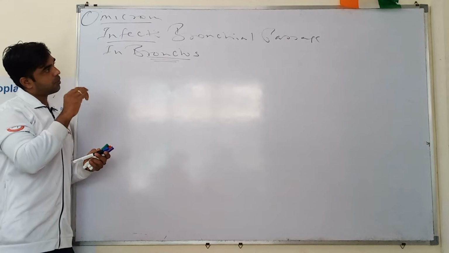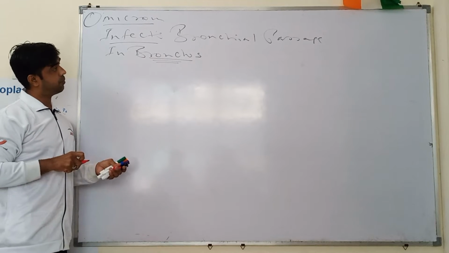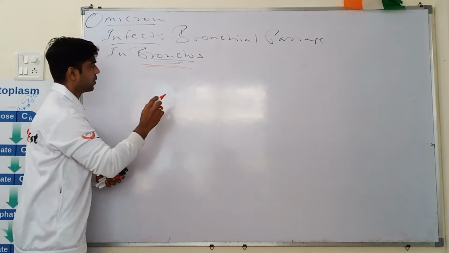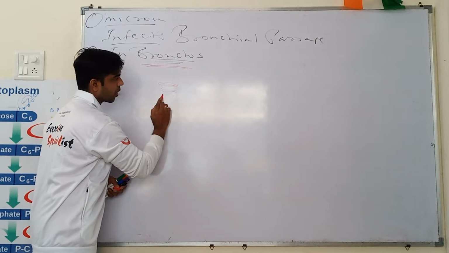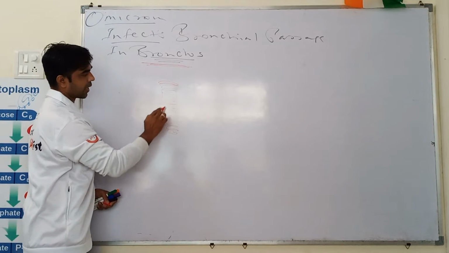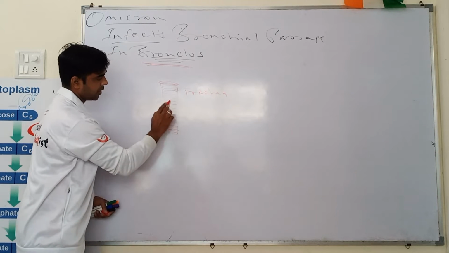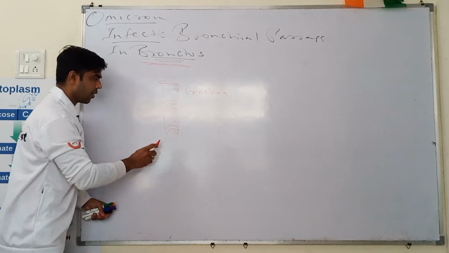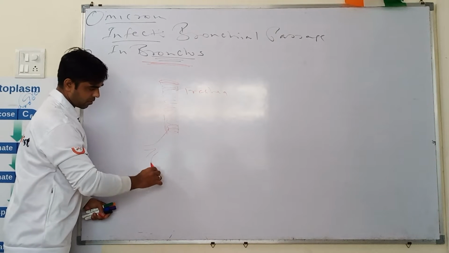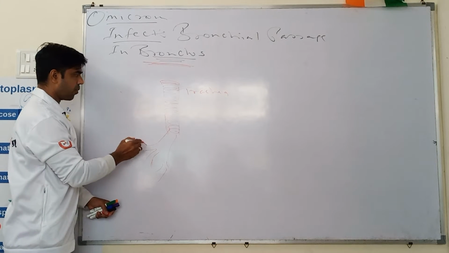Now let's understand it with a proper diagram, so where it is available. So this is your trachea, right? And these are tracheal rings. And then we have the bronchus.